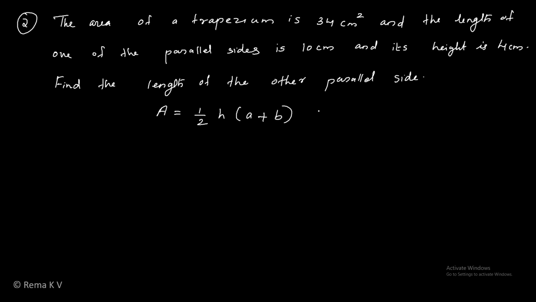Is the area given? It is given as 34 centimeter square. So you can write it like this: A is equal to 34 centimeter square. Then what other measures are given? One parallel side, small letter A can be taken as 10 centimeter.